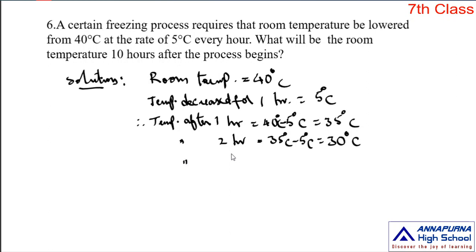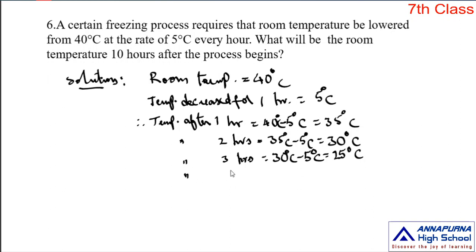Now the temperature after 3 hours. What is the temperature after 2 hours? 30 degrees. Now again this 30 degrees is decreased by 5 degrees. 30 minus 5 is equal to 25 degrees centigrade.